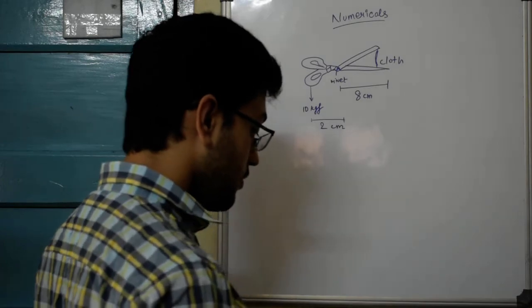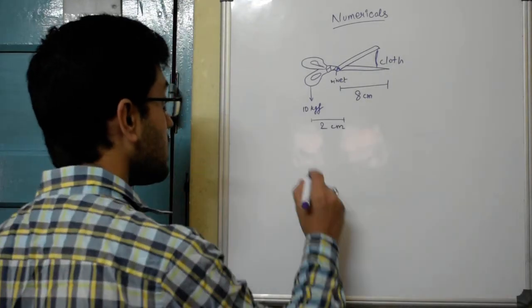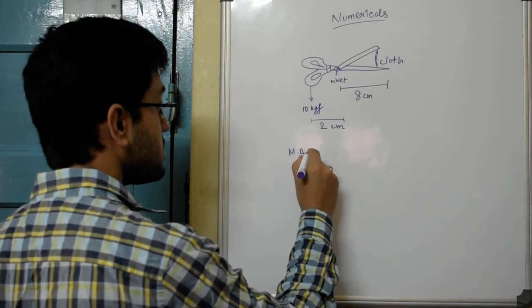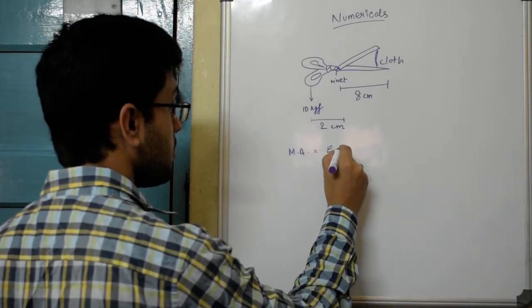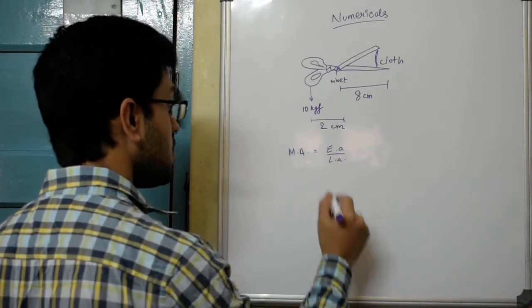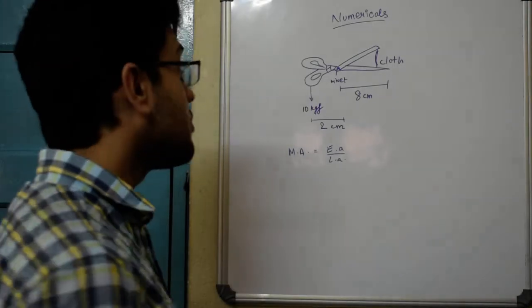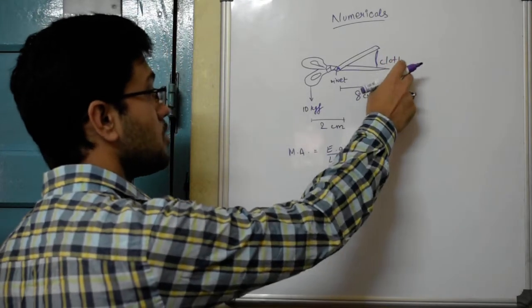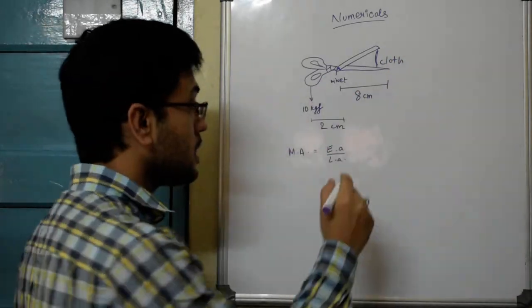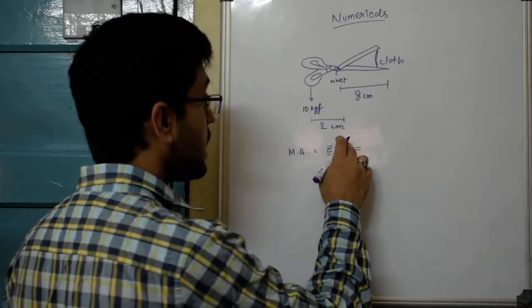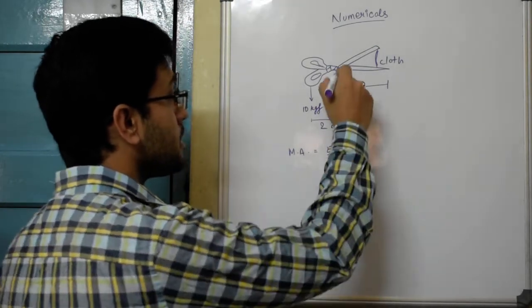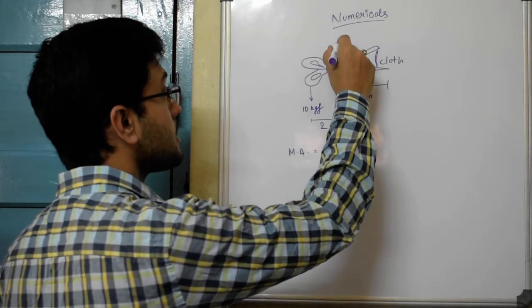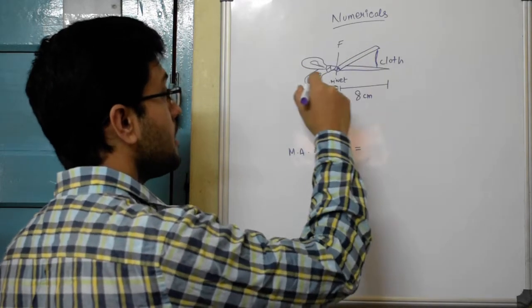First of all, we have to find the mechanical advantage. How do we do that? Mechanical advantage is effort arm by load arm. We didn't use the formula load by effort because we don't know the value of the load. We only know the value of effort. Effort arm is the distance between the rivet, which is the fulcrum, and the effort point.